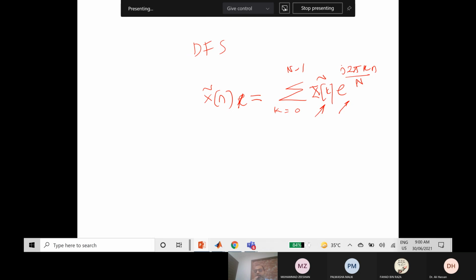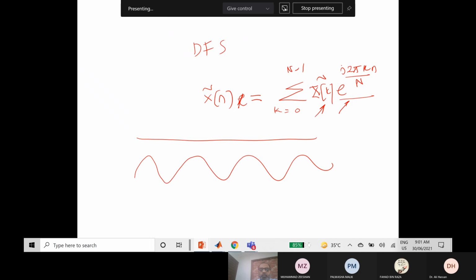So the discrete Fourier series says that if you plot this, it has a cosine and a sine. First is the DC value. Once k is 0, it is the DC value; once k is equal to 1, it is the first harmonic.